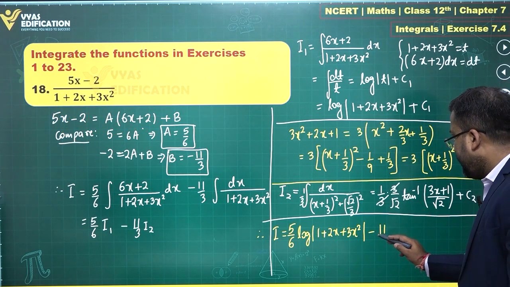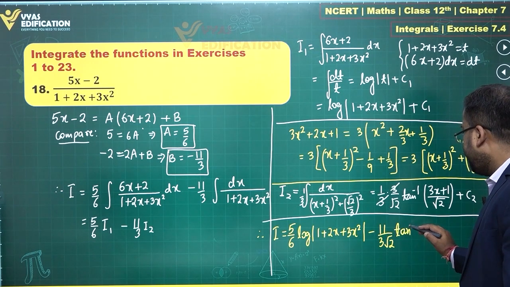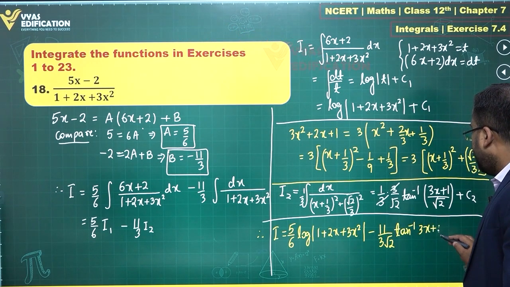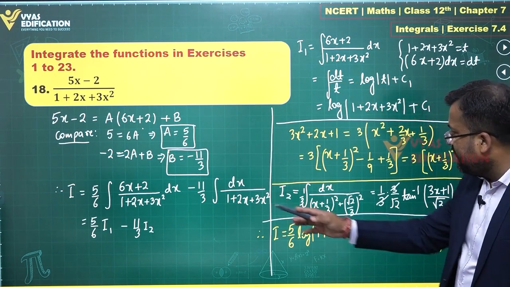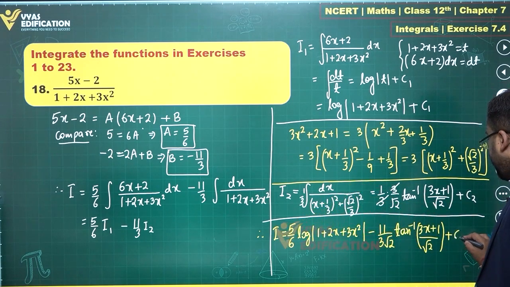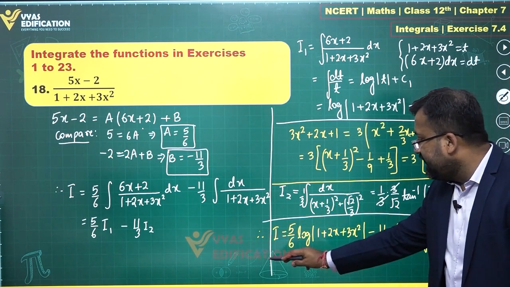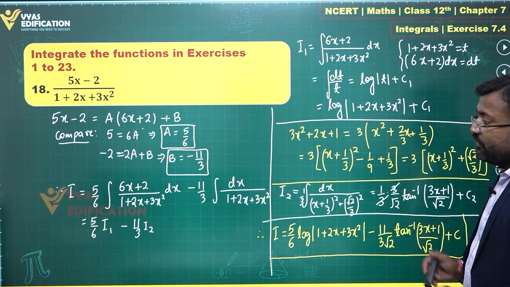So, minus 11 by 3 root 2 tan inverse of 3x plus 1 upon root 2, plus, what do we have? We have this constant multiplied by 5 by 6 and this constant multiplied by minus 11 by 3, which will convert into a new constant c, and yes, that is the required answer for this complete question.